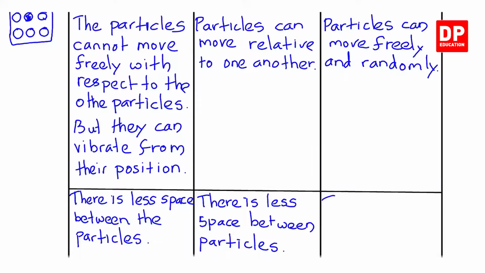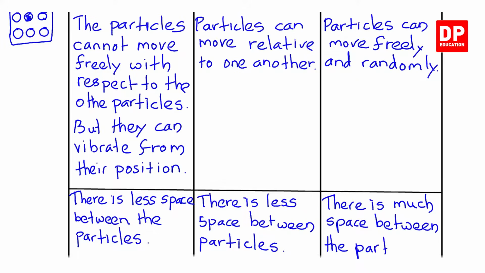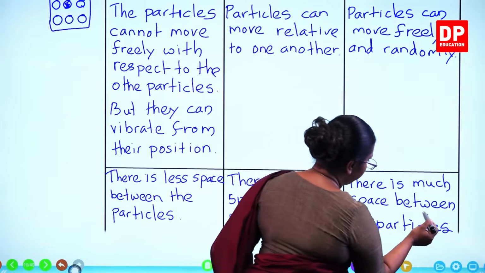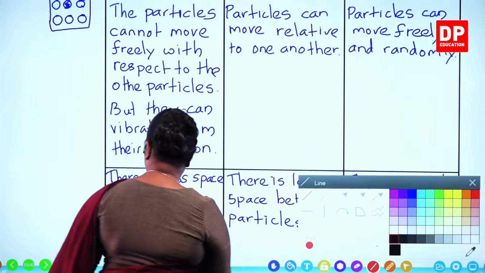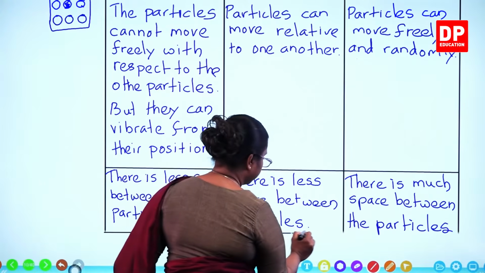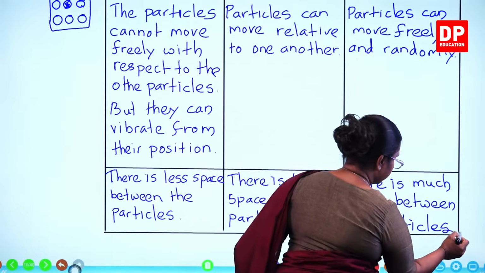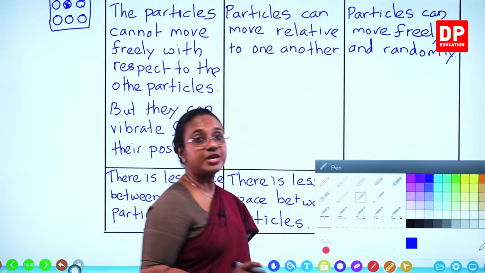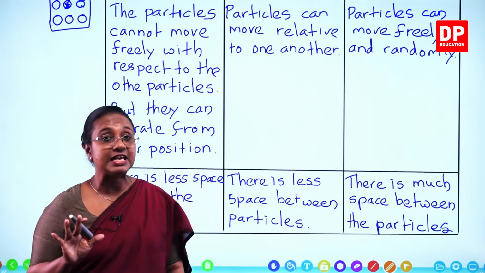So here we can say there is much space between the particles. So those are the properties of the three states of matter.